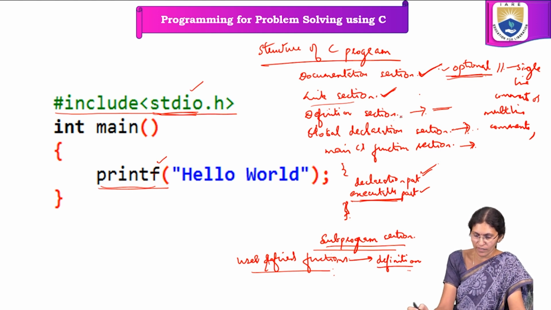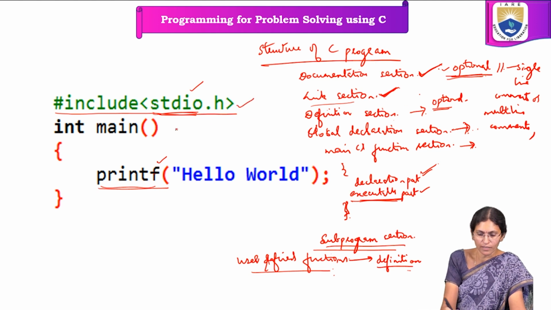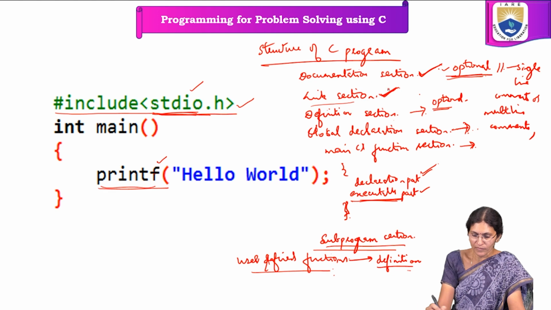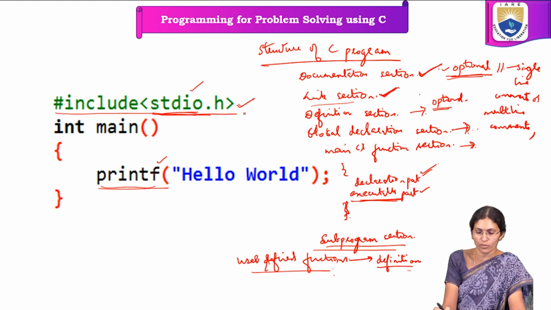Next one is the definition section. For this program, we have not used any constants, therefore this section is also optional. Coming back to the linking section, as we have seen, by default in some of the compilers it is implicitly included, so even if you don't include the stdio.h header file, the program will run.